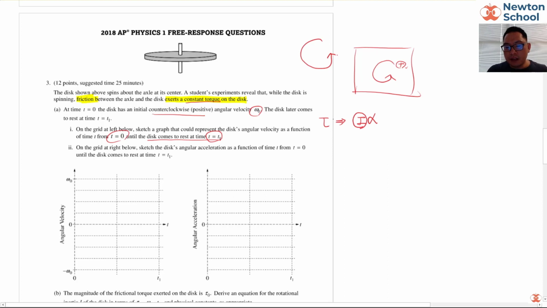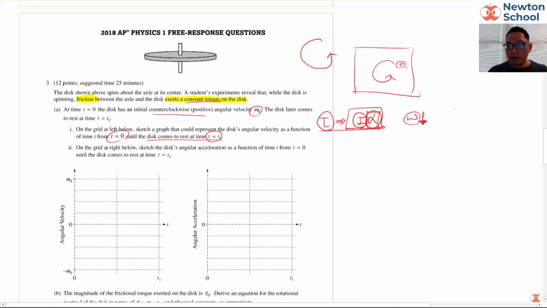So this is constant, then alpha is constant. That means omega is decreasing. This torque will be negative actually, because alpha will be negative, because that's the opposite direction of the initial angular speed.